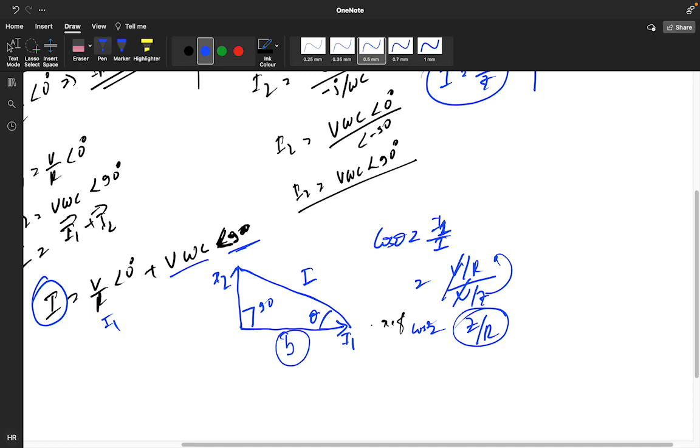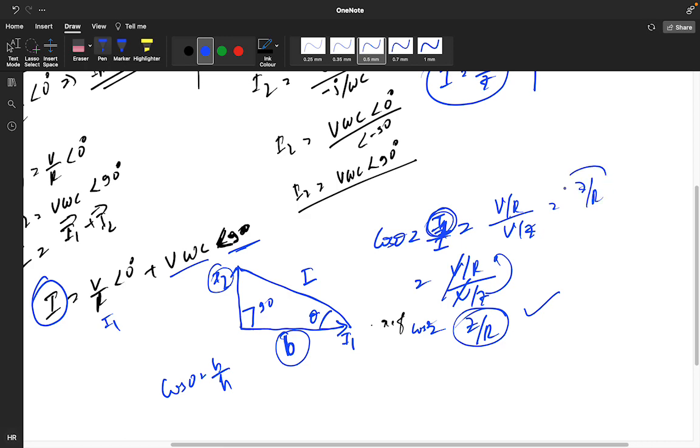Base by hypotenuse, I1 by I. So this won't be I2, it is I1 only. So the result is the same. Cos theta is base by hypotenuse, so this was I1, not I2. I1 by I. I1 will be V by R and I will be V by Z. So we'll get the result Z by R only.